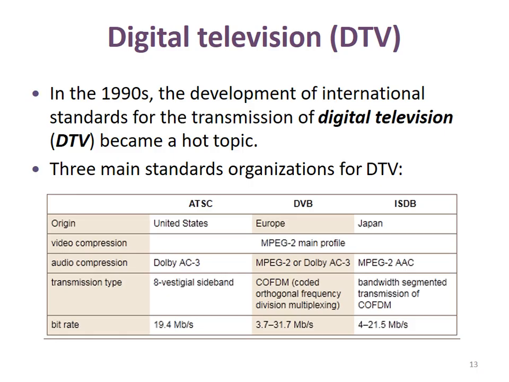For example, the United States usually applies ATSC. In Europe, they usually use DVB, and Japan uses ISDB. When we compare the standards, we can see they have different video compression, audio compression, and transmission types, and even different bit rates.